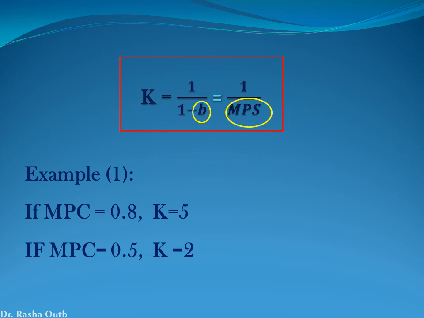The difference is that the amount that people consume is different in the two cases. When MPC is high, the value of the multiplier will be greater. So the higher the value of MPC, the higher the value of the multiplier. The lower the value of MPS, the higher the value of the multiplier.